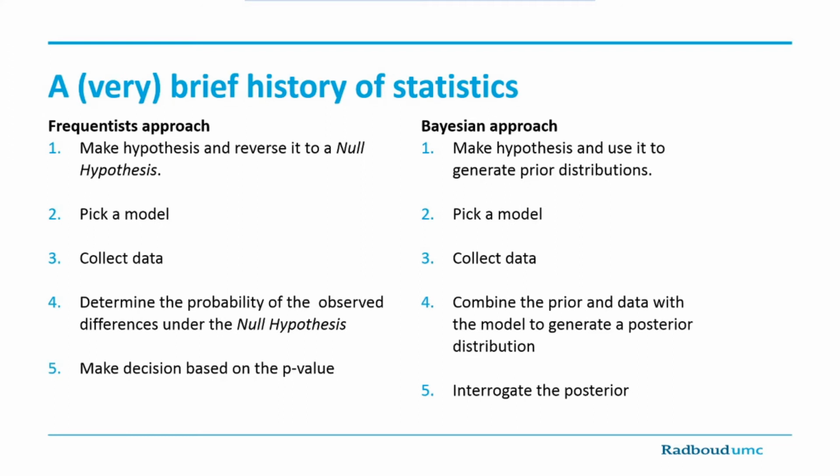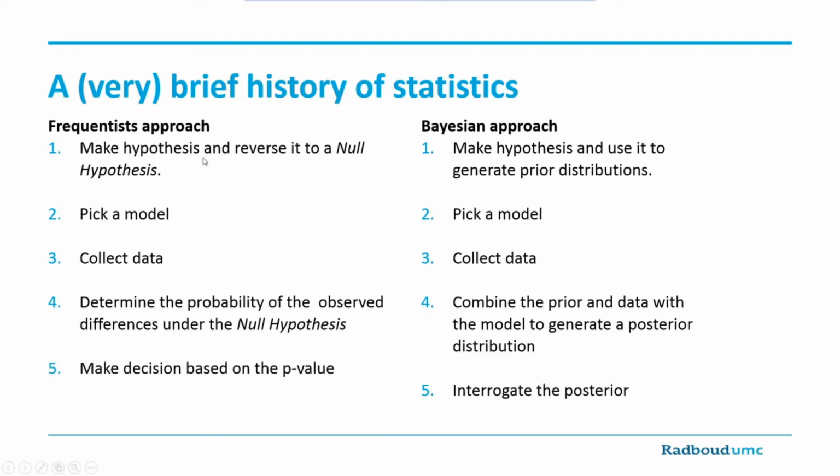To give you a very brief overview of statistics in the last 150 years or so, most approaches have been frequentist, even though the Bayesian approach is actually somewhat older. You've met the frequentist approach and know it as statistics today, where basically the way you deal with a scientific question is that you make a hypothesis.